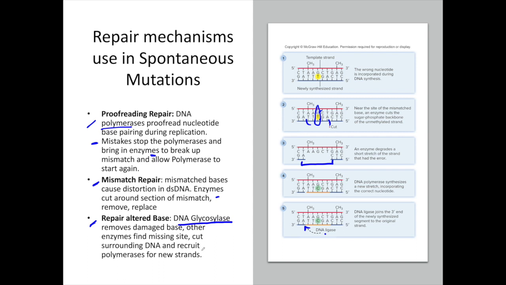Somehow, somewhere along the way, a base got damaged. And so there's a missing atom, or there's a bond that's not made correctly. It's not hydrogen bonding properly. The base is getting old or used and fragile. In this case, DNA glycosylase is an enzyme that will look for and find bases that are not completely intact, remove them, and replace them.